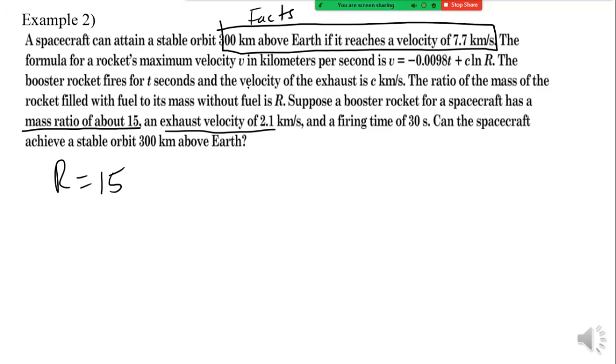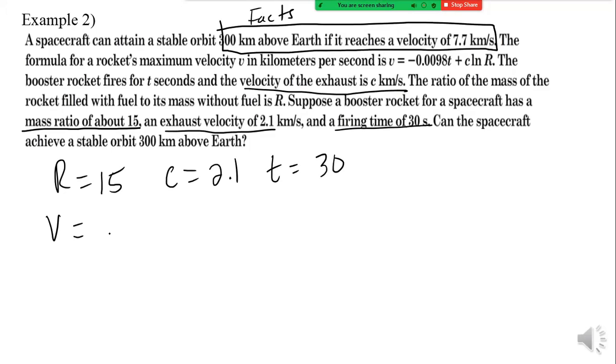Exhaust velocity is C. C equals 2.1. And then the firing time is 30. Clearly that's our T. Time. Firing time. And then what do I do with these variables?